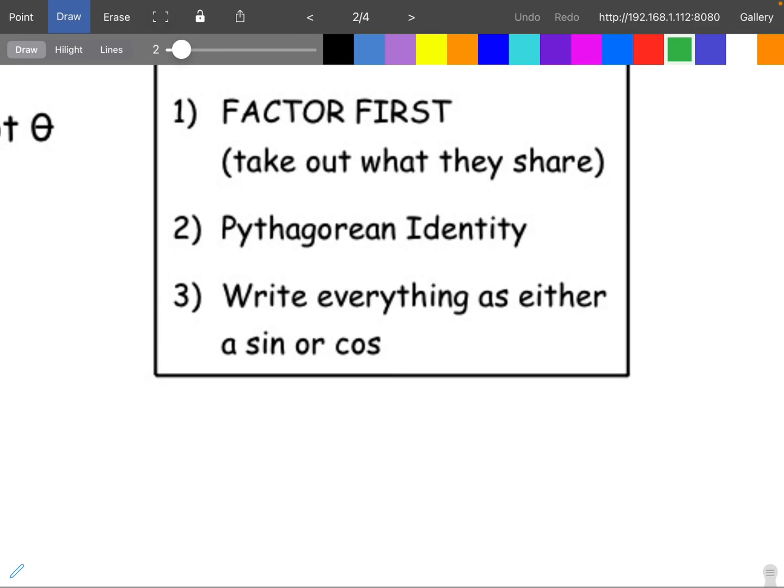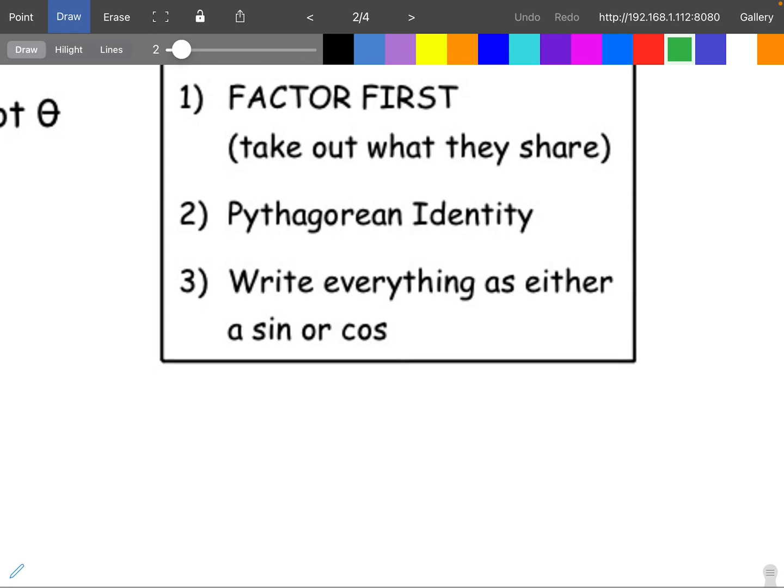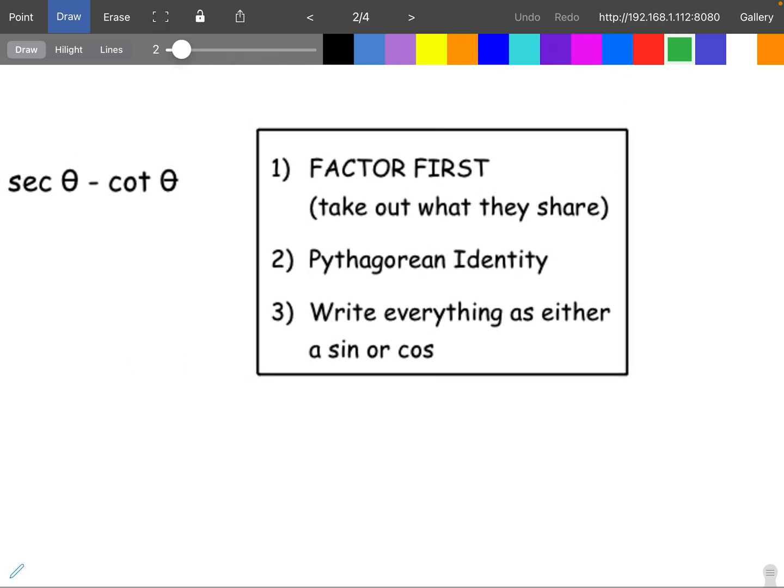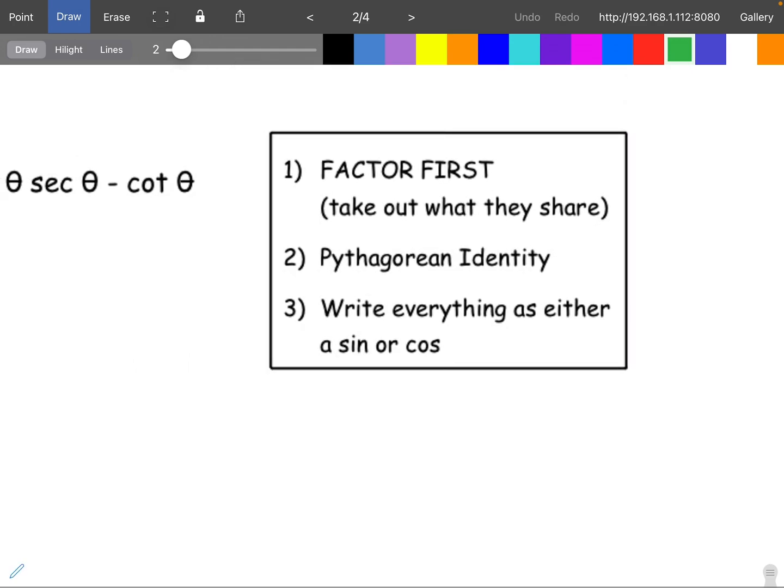So everything can be changed into some version of sine or cosine. That's always kind of our last option because it can start making it look really messy at first until you start simplifying things. So that's kind of our last resort, but it usually works.